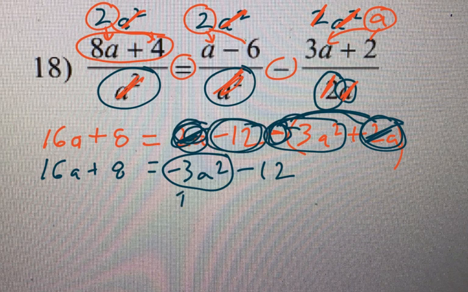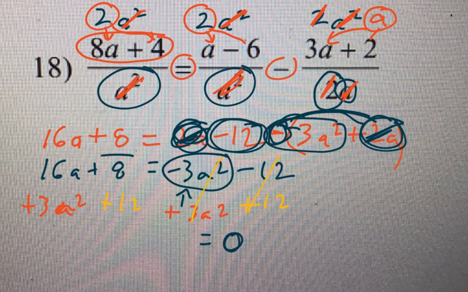Now notice how the a squared is negative again. So let's fix that by adding 3a squared to both sides. And let's, of course, add 12 to both sides as well. So this time my 0 is on the right.